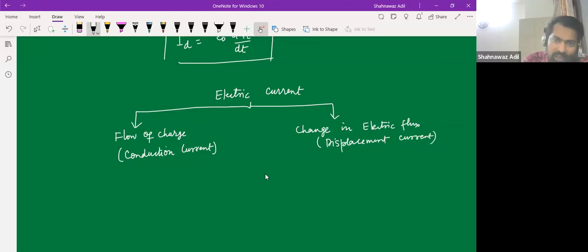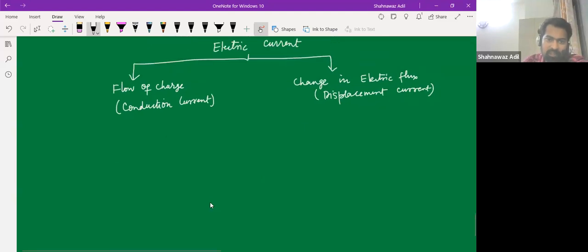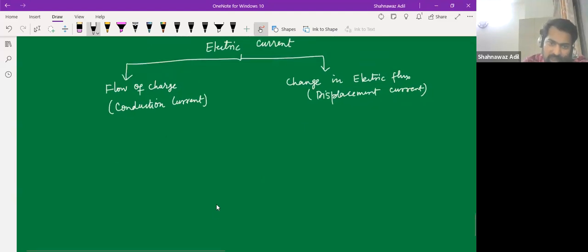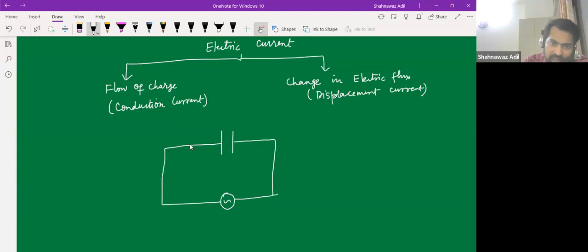So the general idea would be this: we have a supply, and this is not a constant supply. So let's say we have this changing supply, and this is a capacitor.